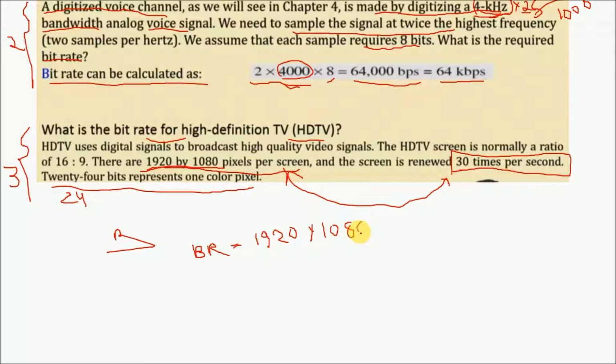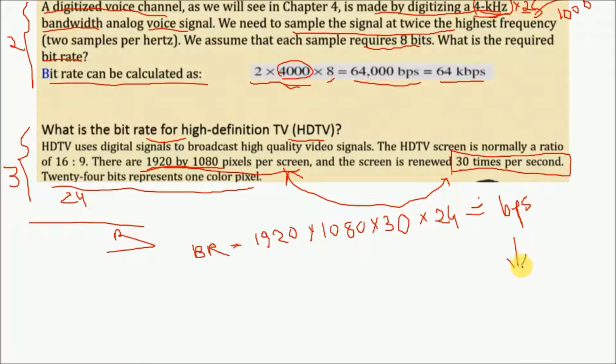This is the number of pixels for one screen, and in every second how many screens will be transmitted? 30 screens will be transmitted, and in every pixel how many bits are required? 24 bits are required in every pixel. So this will be multiplied by 24. This much bps will be the bit rate.